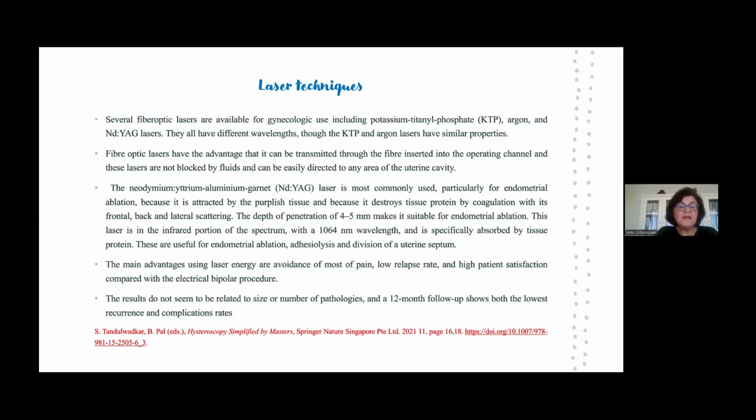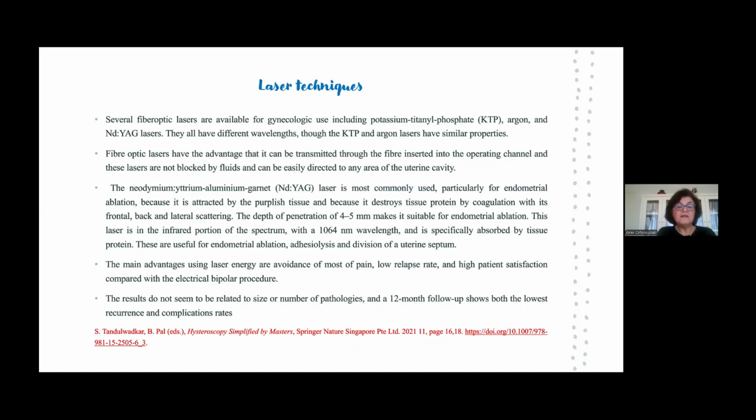This laser is in the infrared portion of the spectrum with a 1064 nanometer wavelength. These are useful for endometrial ablation, adhesiolysis, and division of uterine septum.